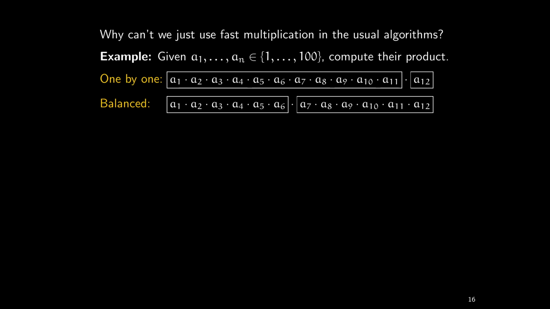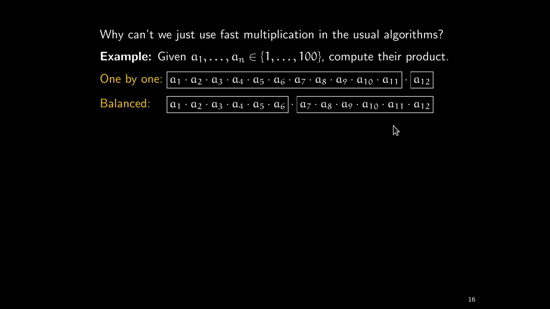Karatsuba is also based on this idea of breaking the product in the middle into problems of half the size, rather than having something very small and very big like here. And also in the FFT, the approach was to break the FFT computation into two FFT computations of half the size. And this led to a speed up. Now we want to use the same idea here.